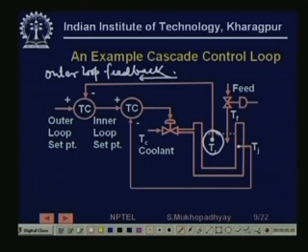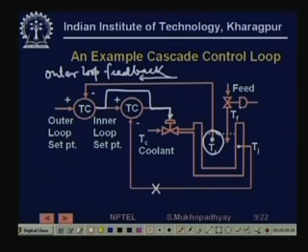Now, initially, let us assume that this is not there. We could actually do away with this and use our single loop control. We could remove these parts, this feedback is not there, and we can have a normal control loop.